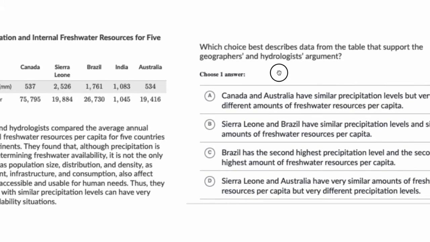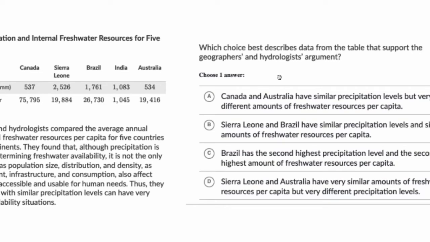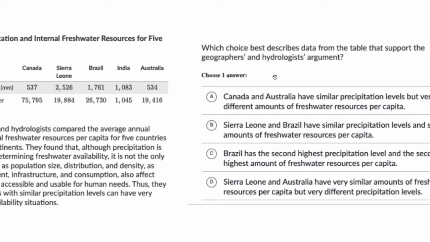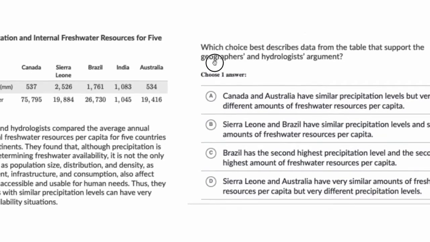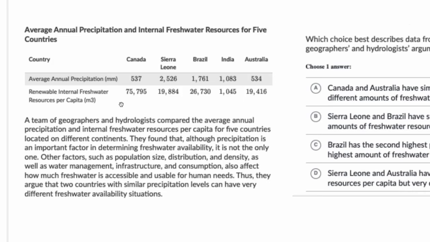Data that supports the geographers and hydrologists' argument. Geo, land or earth; hydro, water. Let's read it. A team of geographers and hydrologists compared the average annual precipitation and internal freshwater resources per capita, per person, for 5 countries located on different continents. They found that although precipitation is an important factor in determining freshwater availability, it is not the only one.